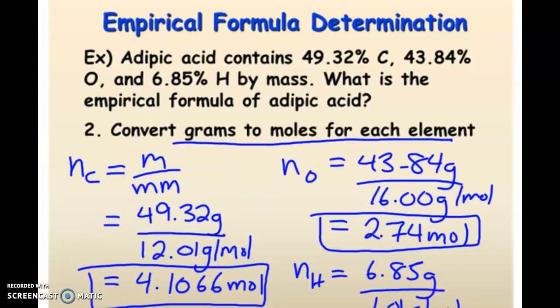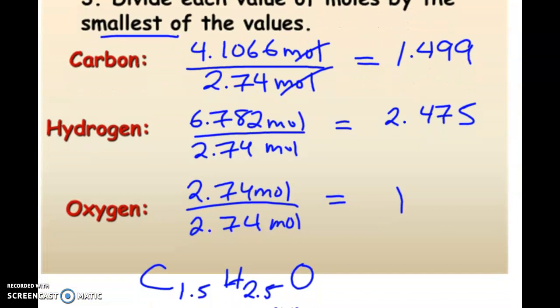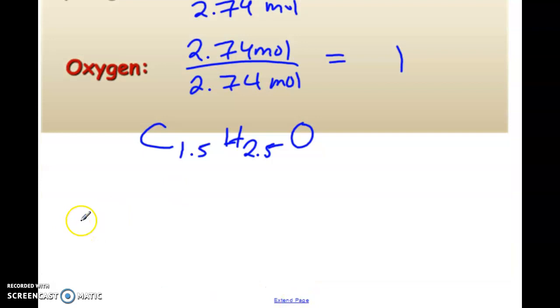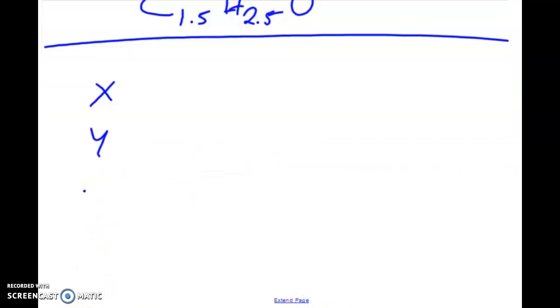So let's say we were to do this, and this is an important point. If you're calculating your ratio here and it's within 0.1, so what I mean by that, let's do imaginary numbers. Let's say x, y, and z. So let's say after we divide, remember you're dividing your moles, let's say z ended up being 1.